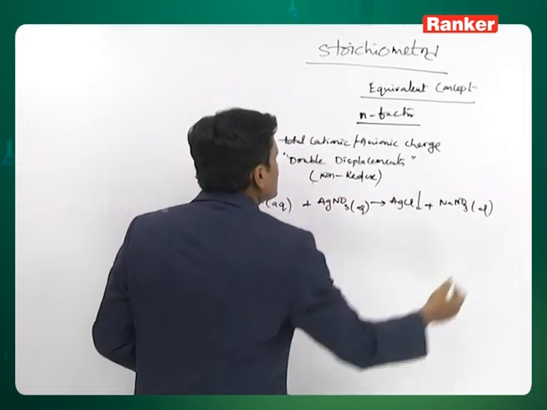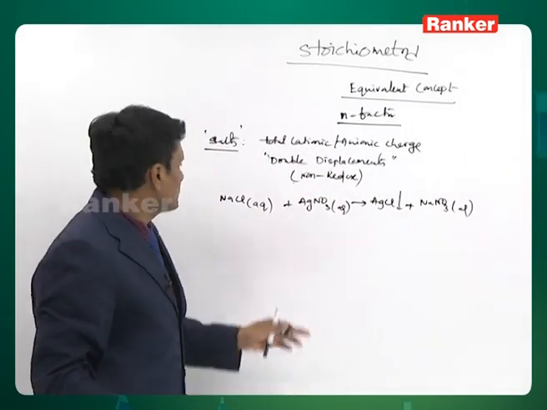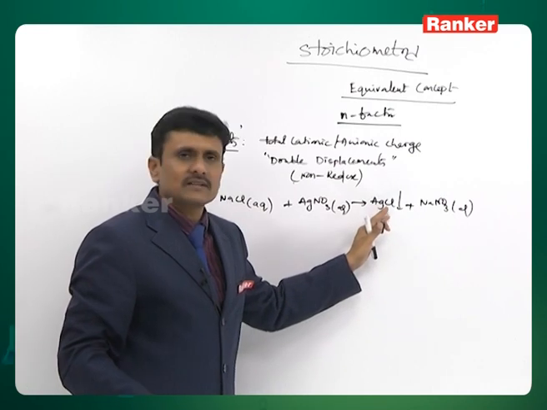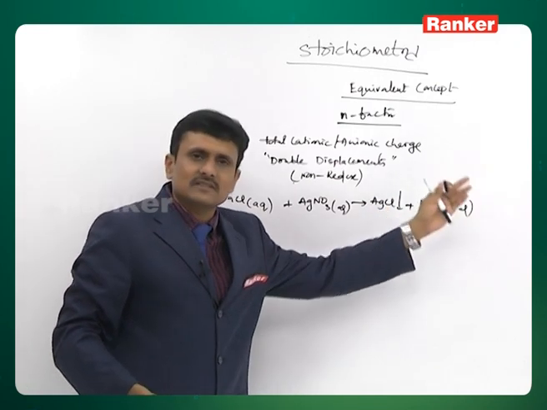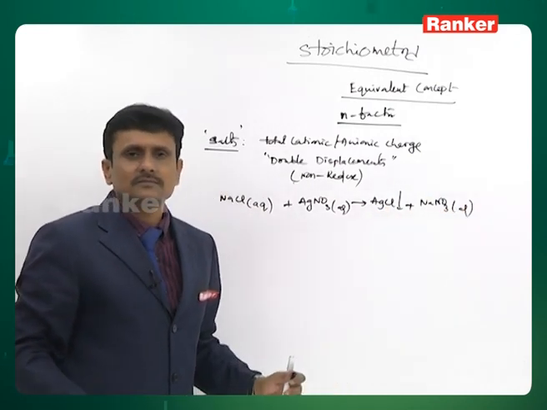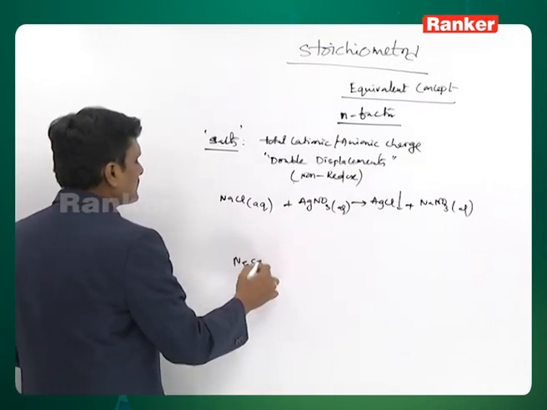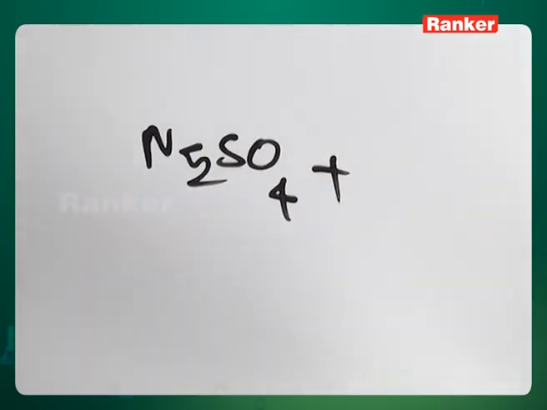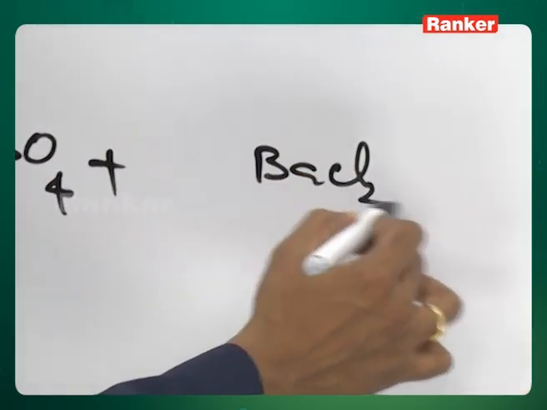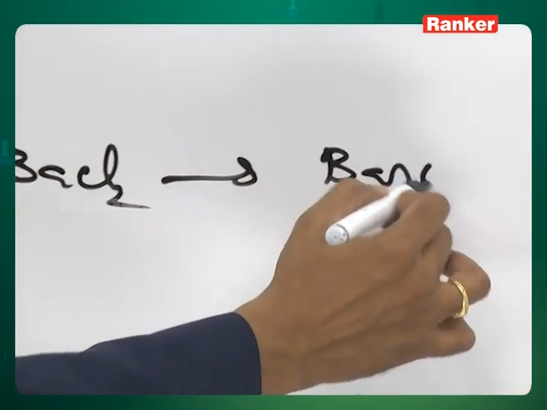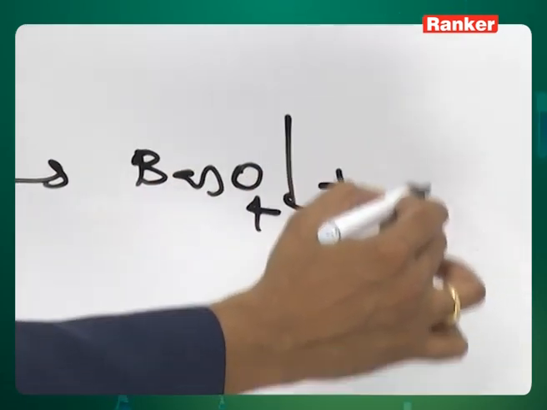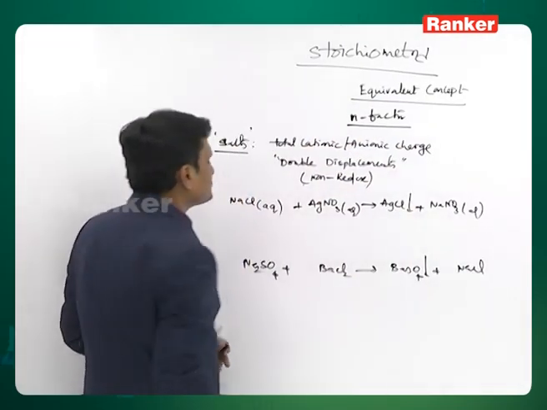So, in such cases the precipitate is being formed along with the other salt which is soluble. So, I will take some more examples like sodium sulphate reacting with barium chloride to give you the barium sulphate precipitate and sodium chloride.